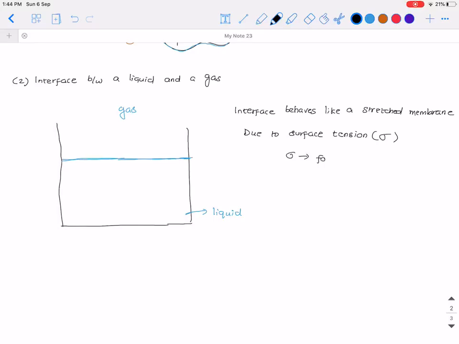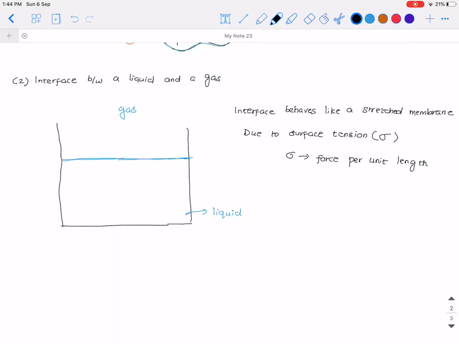Sigma is measured as force per unit length. The phenomenon of surface tension arises due to the unbalanced cohesive forces.